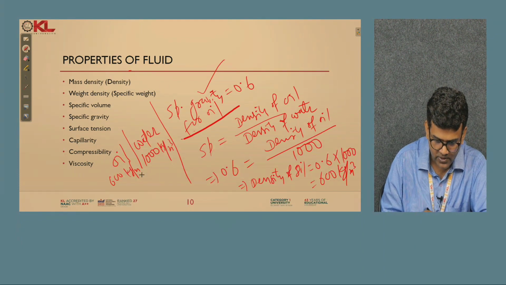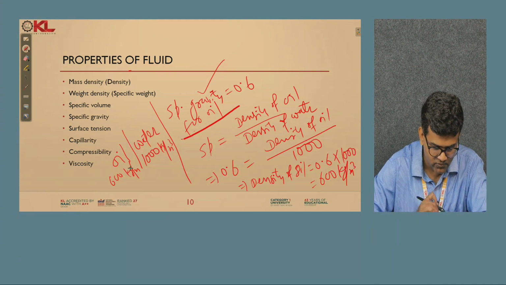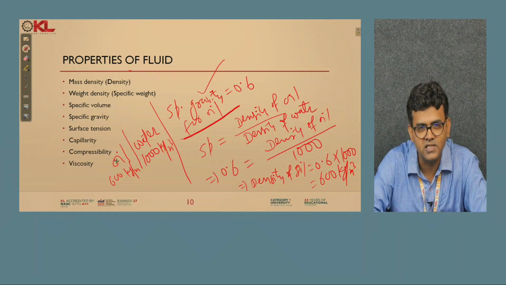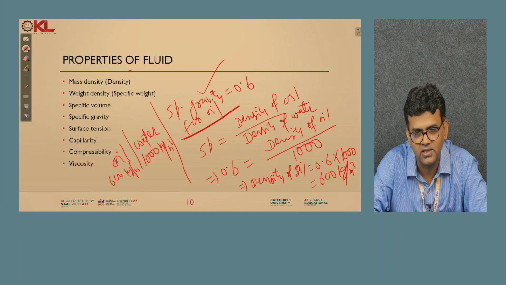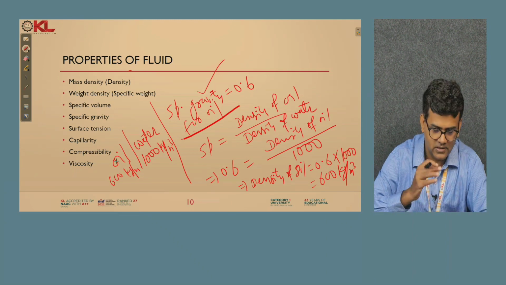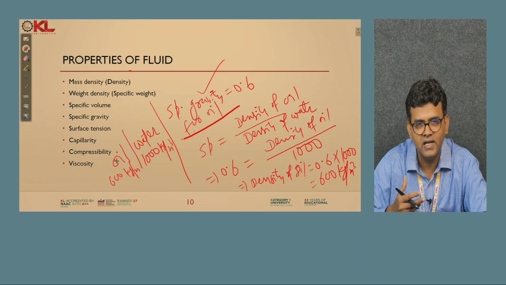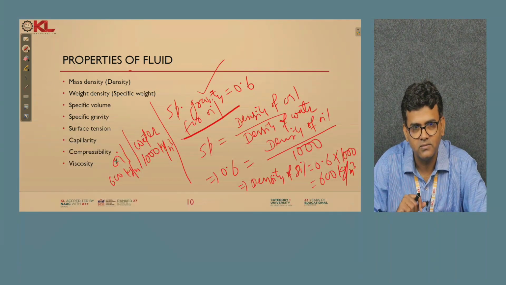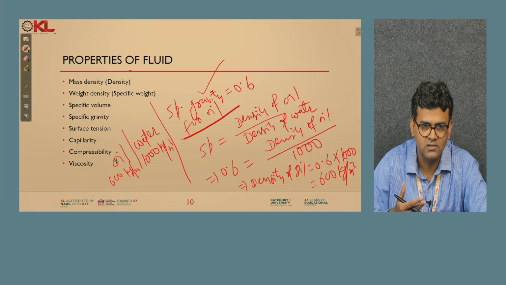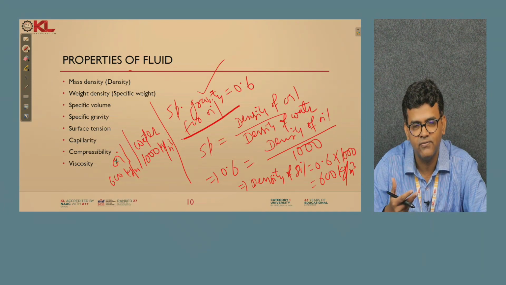In the same unit volume, oil is 600 kg, while water is 1000 kg, right? So in this way you can analyze how much mass is there in a unit volume. More mass or less mass defines the density.